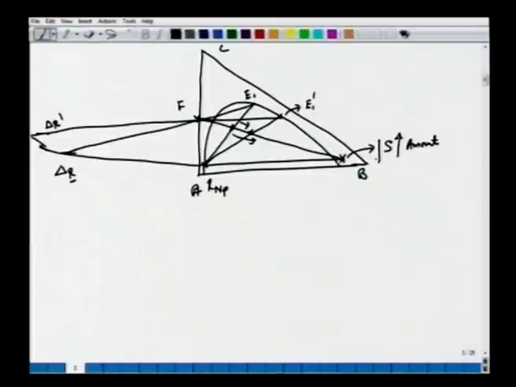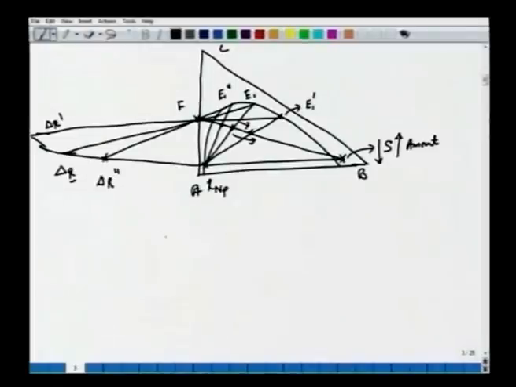If we decrease the amount of solvent, then this M is going to move further here. Then if we connect this raffinate, we get another E1 prime, and now if we connect this F, this point is going to move in this direction, delta R double prime.